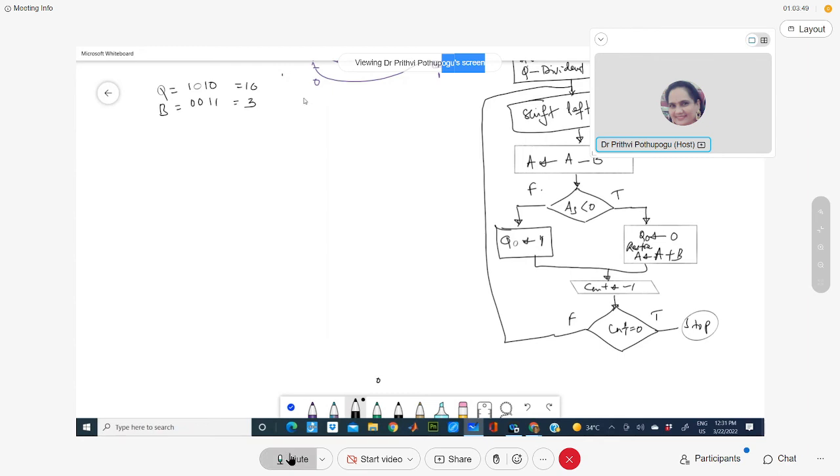So what should be my quotient and what should be my remainder? Quotient should be 3, since 3 times 3 is 9, and remainder will be 1. So this should be my result when I do the division of 10 by 3.